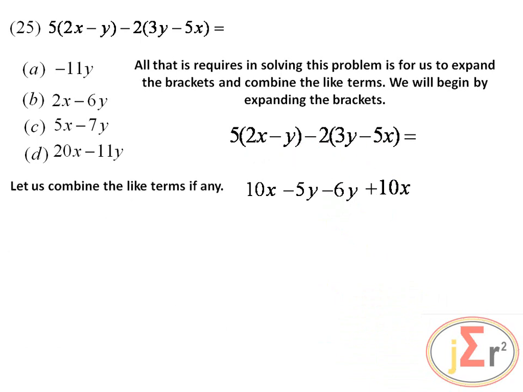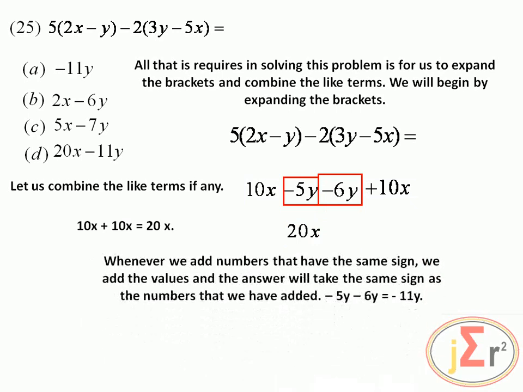Let us combine the like terms, if any. So we will identify the like terms and combine them. First of all, we have a 10x and another positive 10x. 10x plus 10x is equal to 20x. That goes there. There we have another pair of like terms. They have the same sign. They are negative.